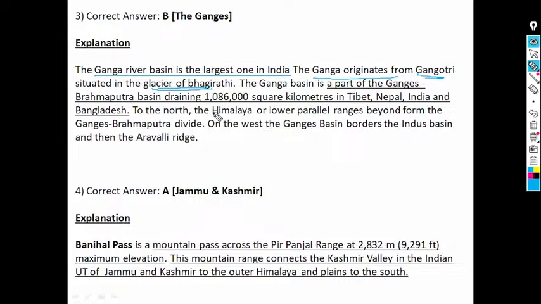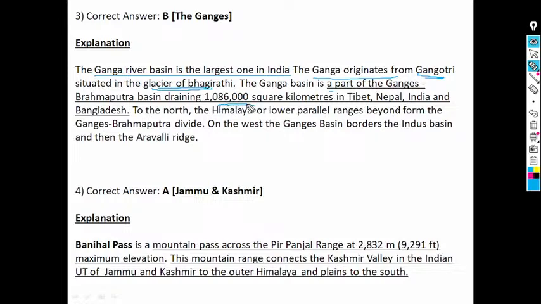The Ganga basin is a part of the Ganges.